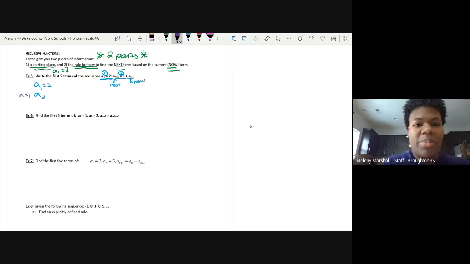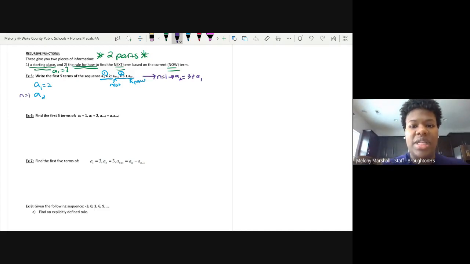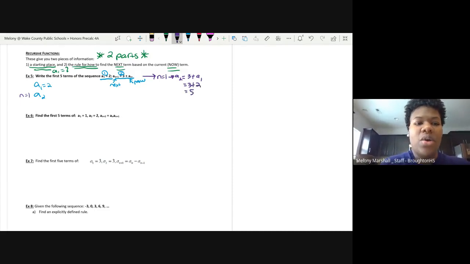Plugging in, a sub 1 plus 1 is 2, equals 3 plus a sub 1. Then I solve: a sub 2 equals 3 plus 2, which is 5. That's a lot of work on the side, but it shows how it works.